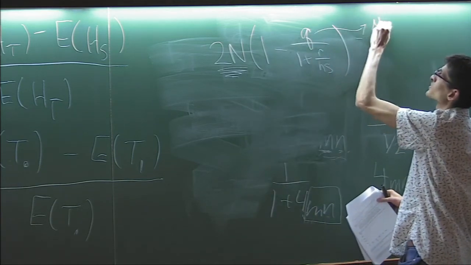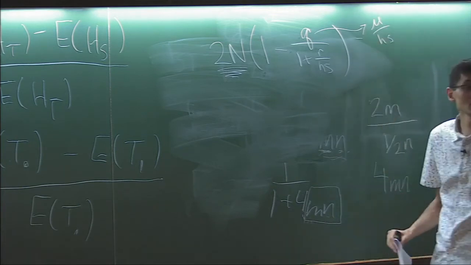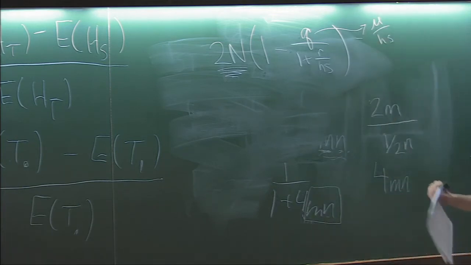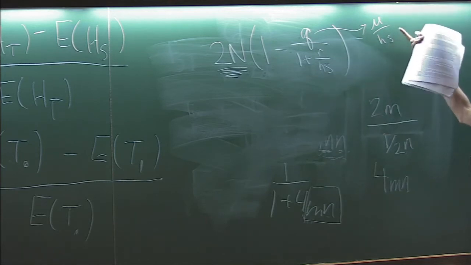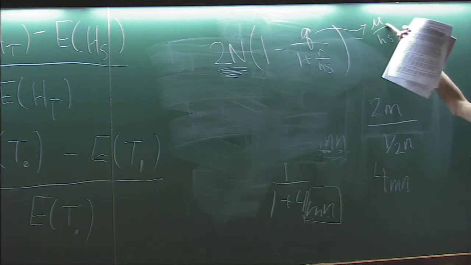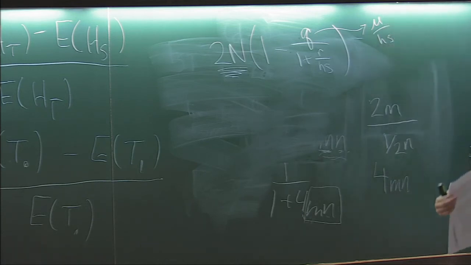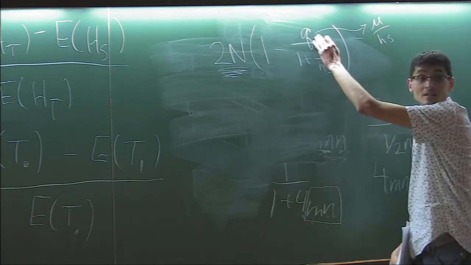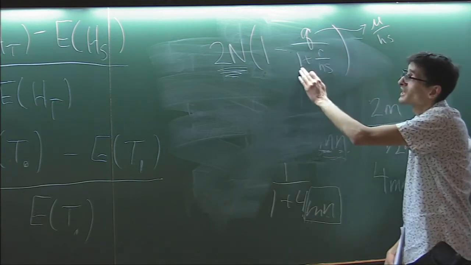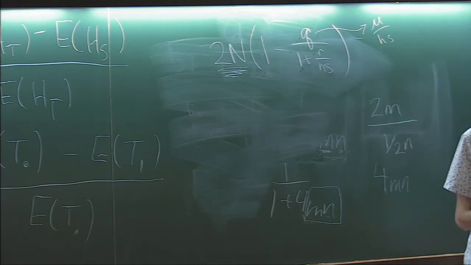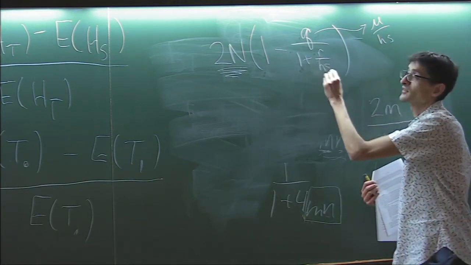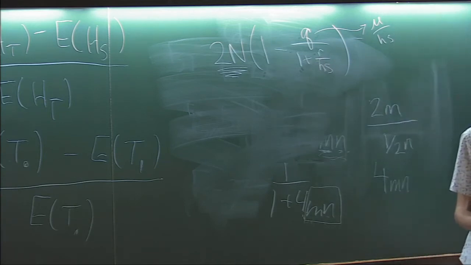We didn't talk about this in class, but at mutation selection balance, you can show, at least in a deterministic model, that the allele frequency of the deleterious allele is the mutation rate divided by the selection coefficient. So it depends on the frequency of the deleterious variant, the recombination rate between your focal site and your deleterious site, and the strength of selection against that.